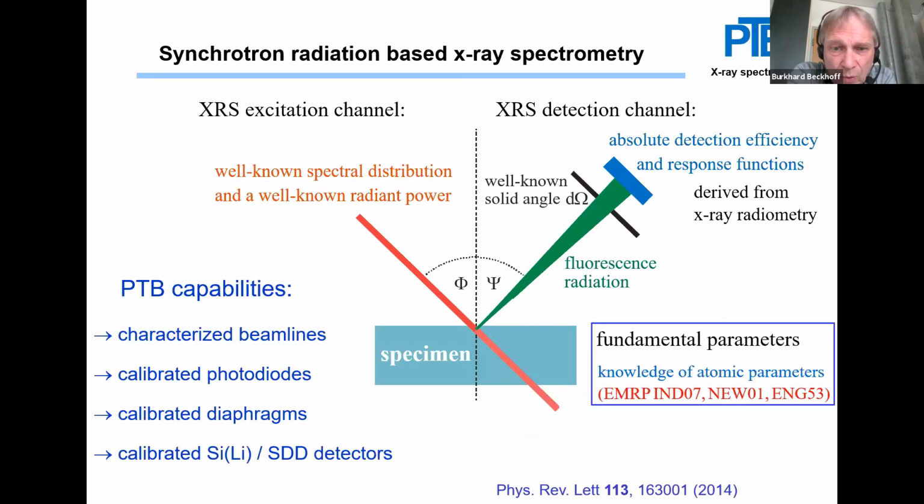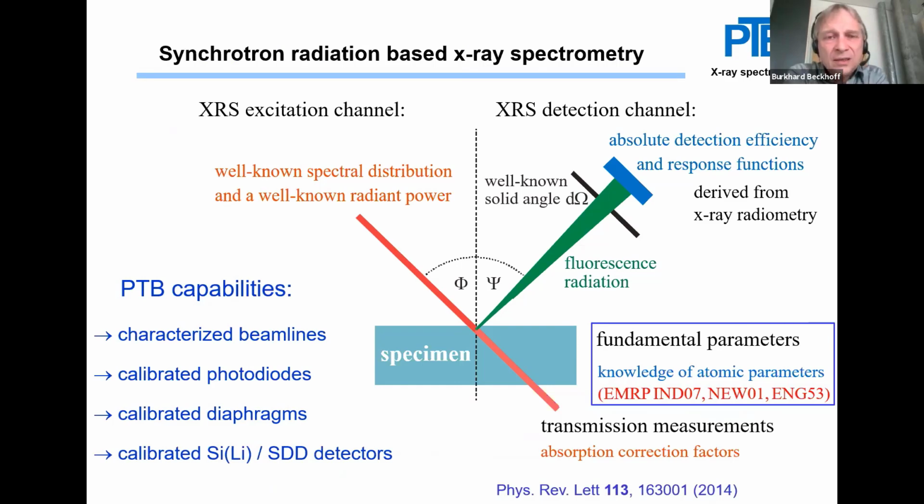This is how we work at PTB, and it's slightly different from what you have when working with a laboratory instrument. So in general, you do not know exactly the spectral distribution of an X-ray tube with respect to its radiant power or intensity and the spectral distribution itself.